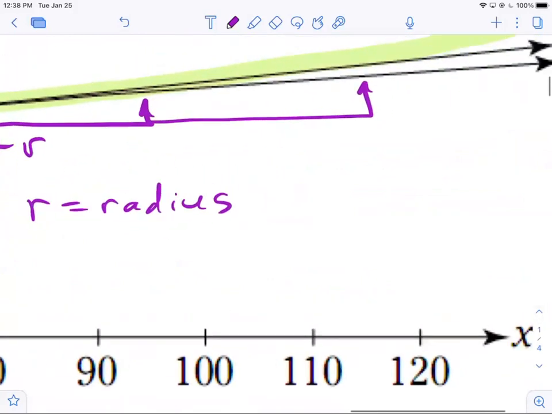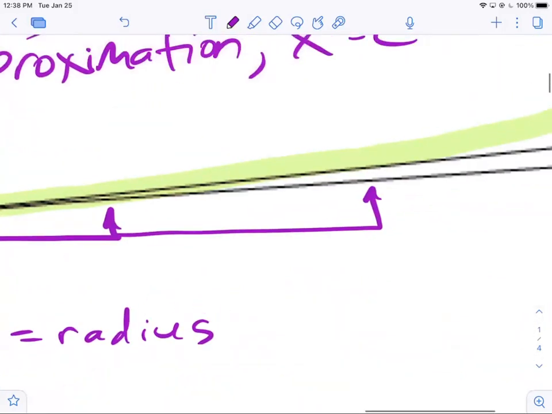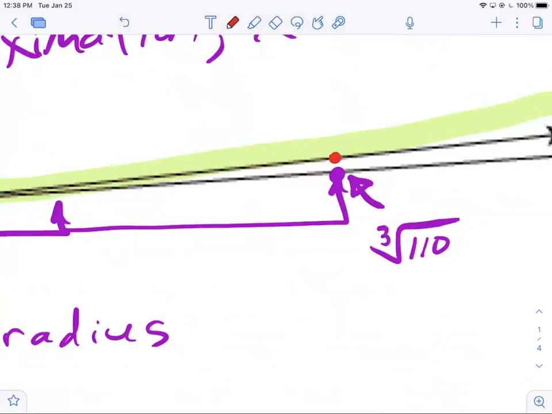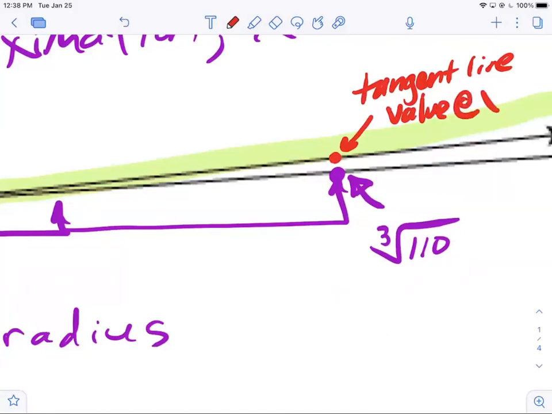But even look at this, way out here, like at 110. If I was really interested in the cube root of 110, does anyone know off the top of your head what that is? No, I don't either. I could use this tangent line value at x equals 110.